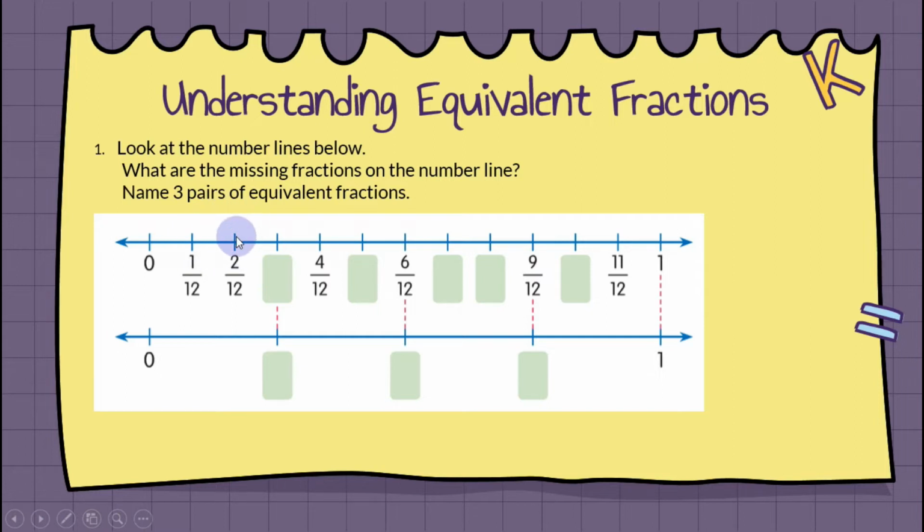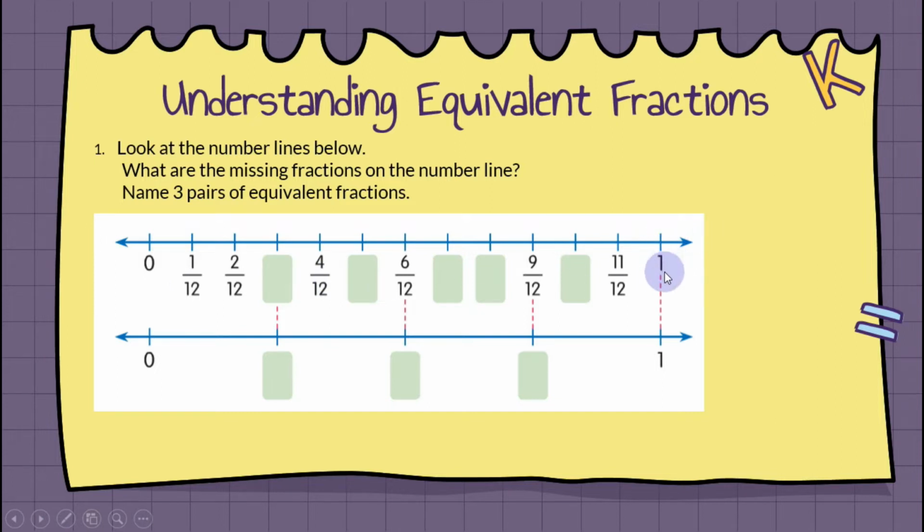First, second, third, fourth, fifth, sixth, 7, 8, 9, 10, 11, and 12. So every dot has denominator equals 12.